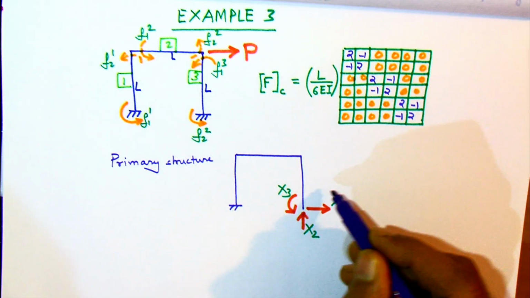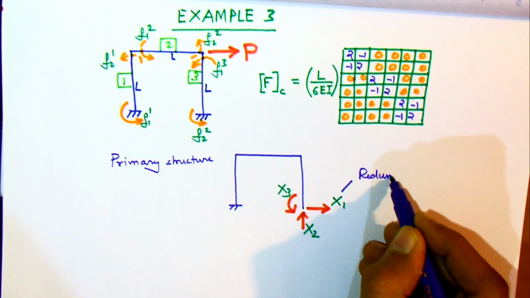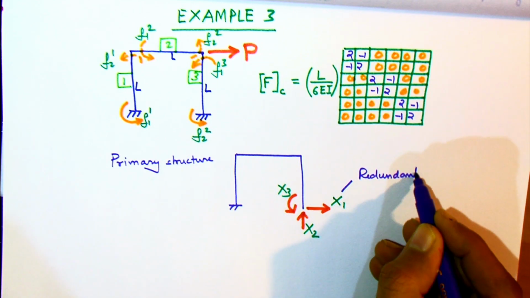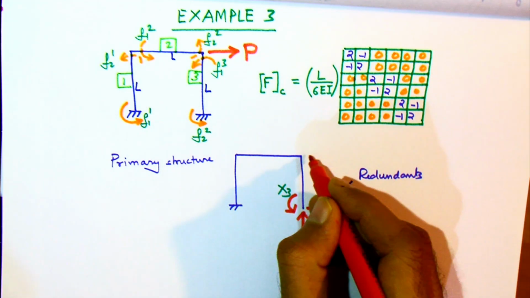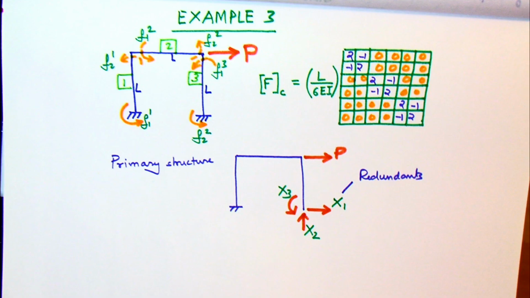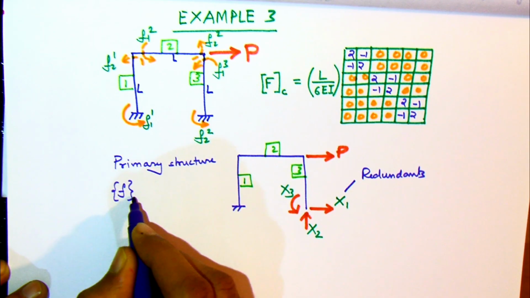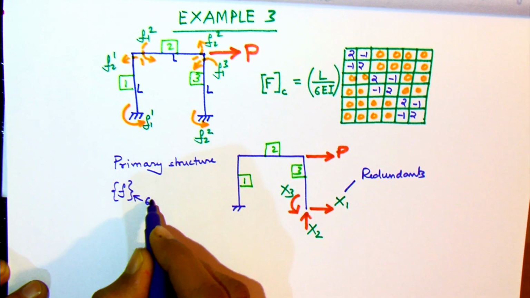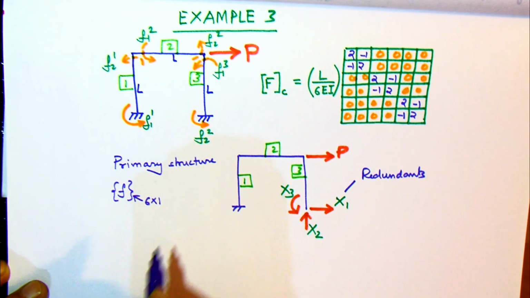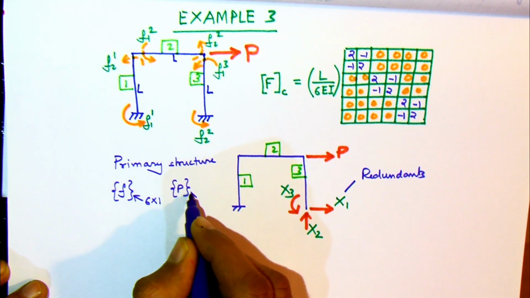So here we now need to obtain the matrix B. Because we have 1 external force and 3 redundants, and the total size of the internal force vector is 6, our B matrix will be equal to 6 by 4.